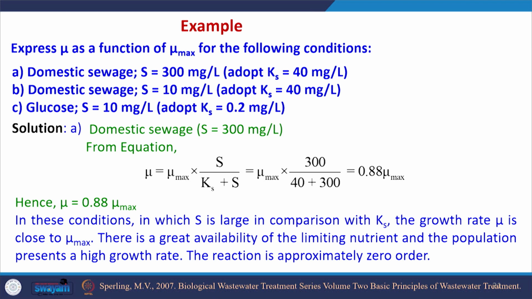So, it is very easy to represent the kinetics and the transition between zero and first order using the Monod equation. I will take one example before closing this section.